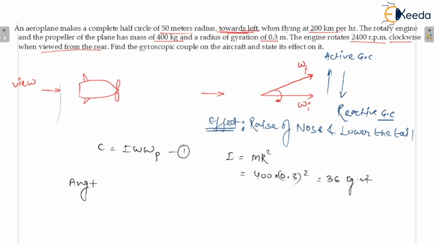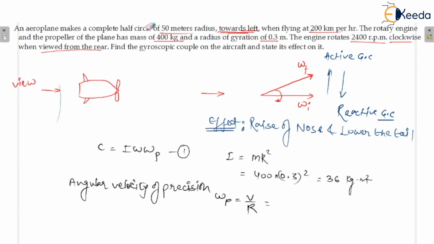Now we can calculate the angular velocity of precession, that is omega p, and that is equal to V upon R. Now what is V? Already given in the question, but it is given in kilometer per hour.